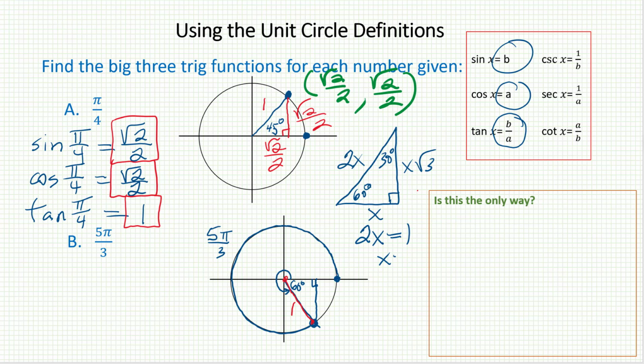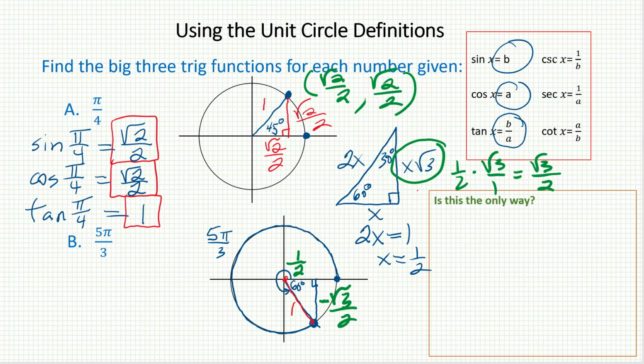Dividing both sides by 2 means that x is equal to 1/2. So the 30-degree side, which is right here, must be 1/2. And the 60-degree side would be 1/2 times the square root of 3. Put a 1 underneath, and that's going to make square root of 3 over 2. So this side here is square root of 3 over 2. It's obviously a negative since it goes down, so I'll put negative root 3 over 2. But I have my coordinates now: 1/2, negative root 3 over 2.